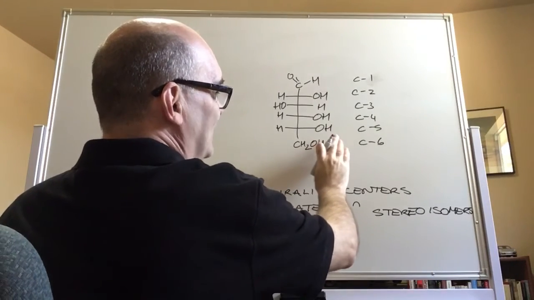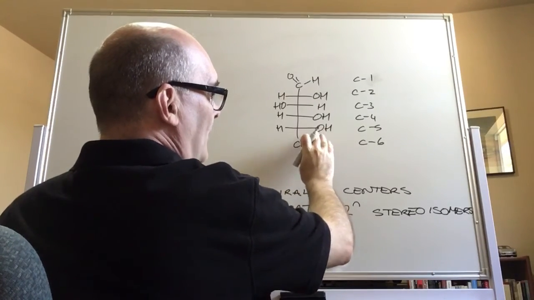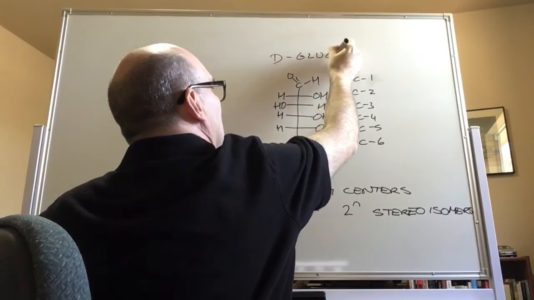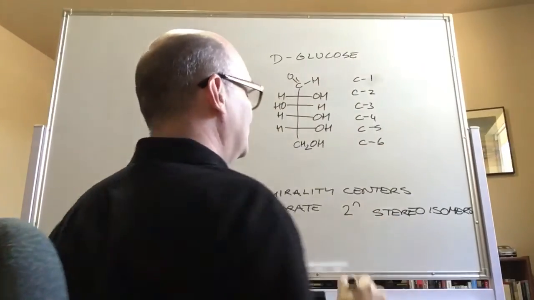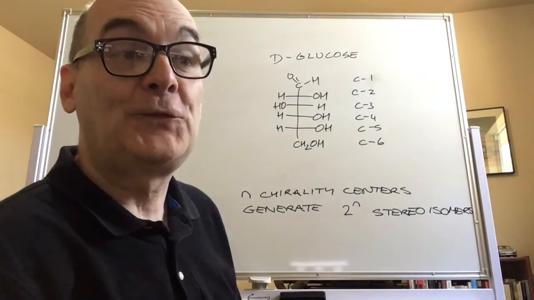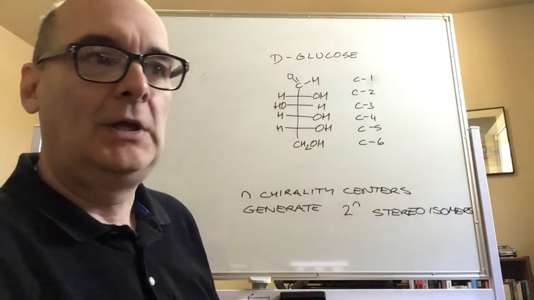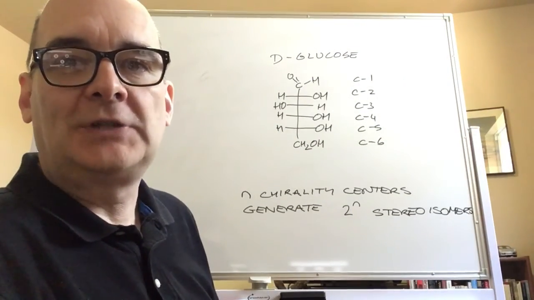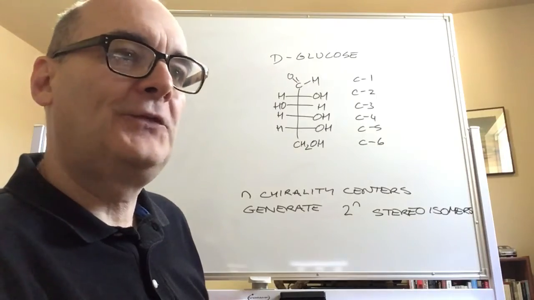I've drawn it in its right hand form. So this is D-glucose. D-glucose has 4 chirality centers at the 4 secondary alcohols at carbons 2, 3, 4, and 5.